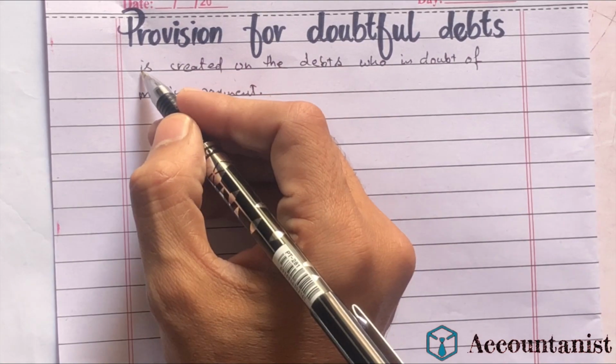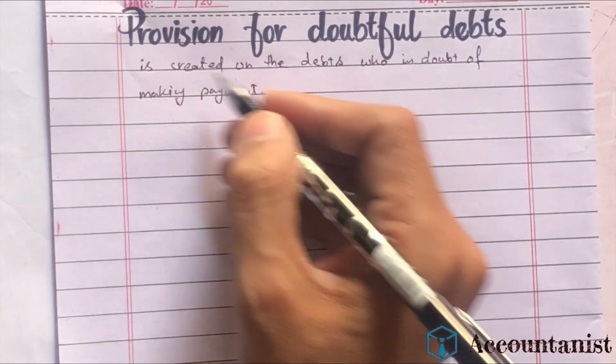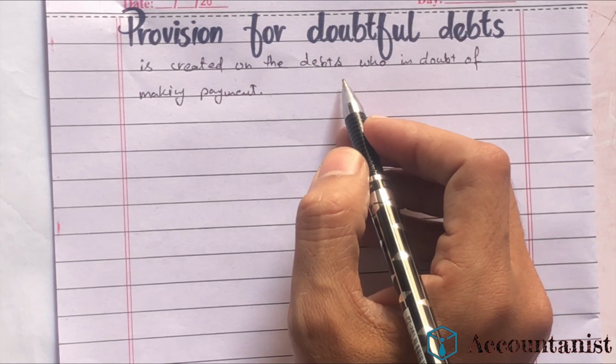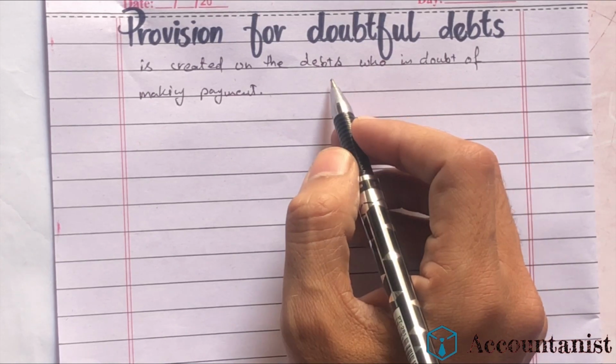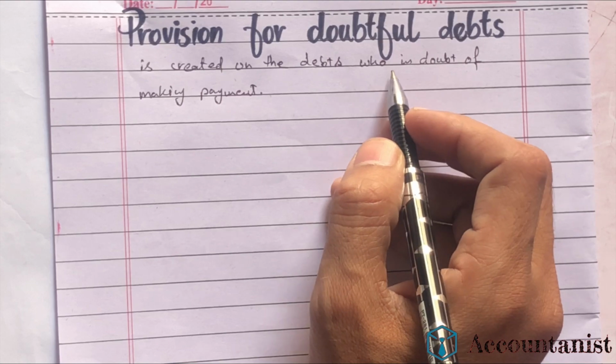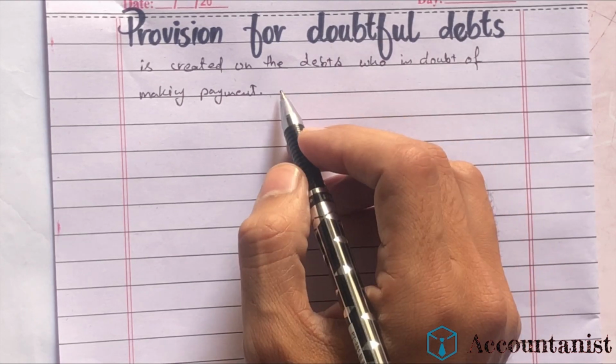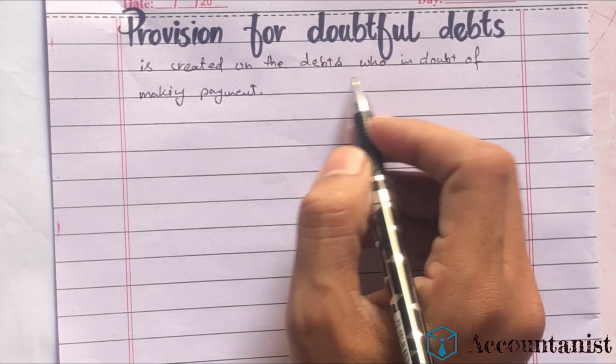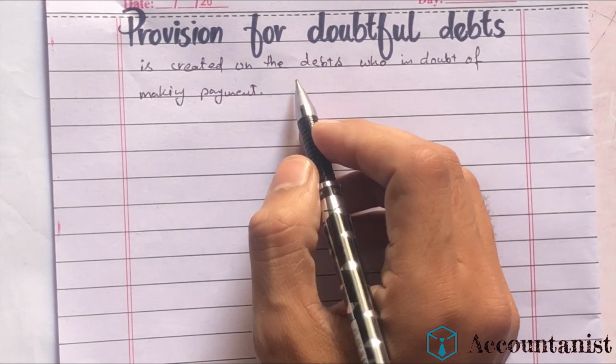So we create this provision on our trade receivables at the end of every year to see how much of our trade receivables, meaning the debtors, will not be able to pay us. It's an estimate of the debts who will not be able to pay us. So why do we do that?